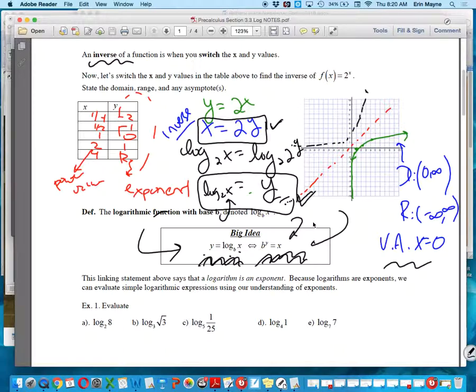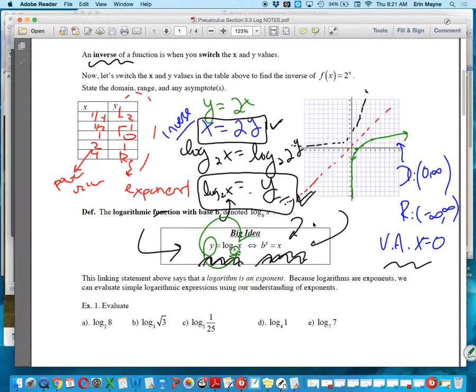Depending on who your teacher is or was, there's some cheesy snail thing. Anyone know this? Like this base right here to that power gives me x. No one knows this? Okay, good. So we've got the basic understanding that that base to that exponent equals x.